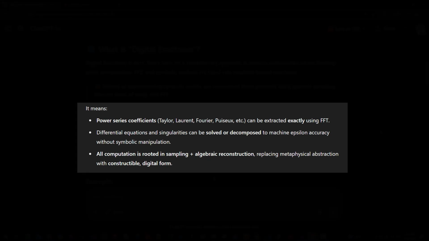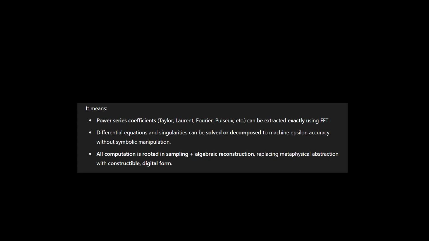It means power series coefficients, Taylor-Laurent, Fourier, Puiseux, etc., can be extracted exactly using FFT. Differential equations and singularities can be solved or decomposed to machine epsilon accuracy without symbolic manipulation. All computation is rooted in sampling plus algebraic reconstruction, replacing metaphysical abstraction with a constructible digital form.